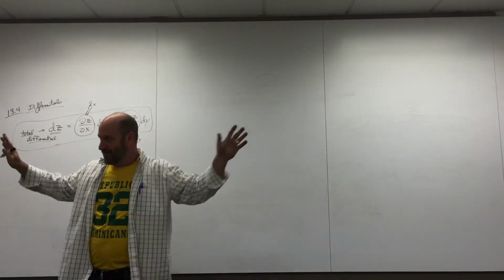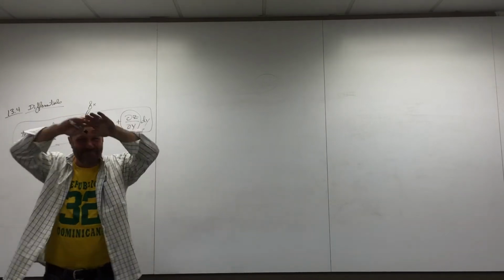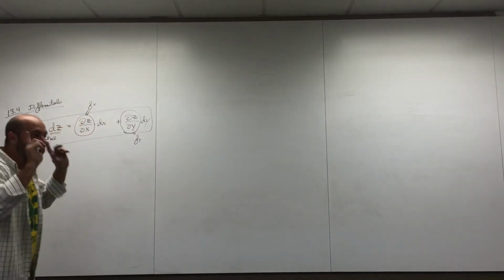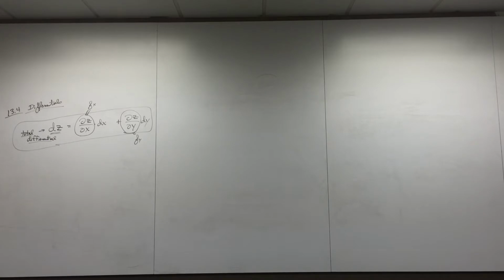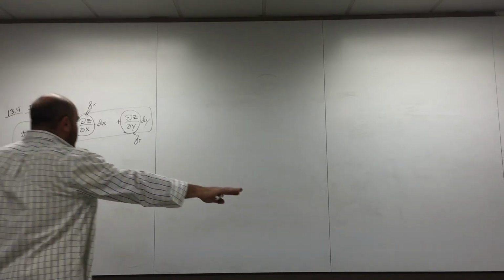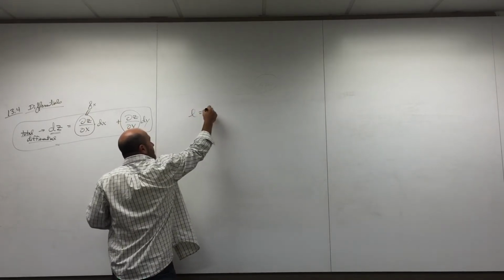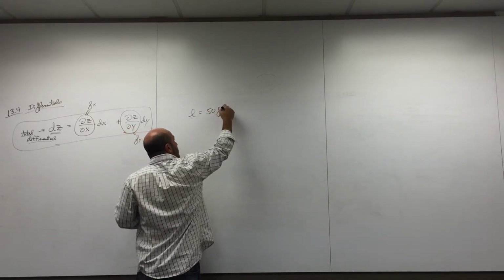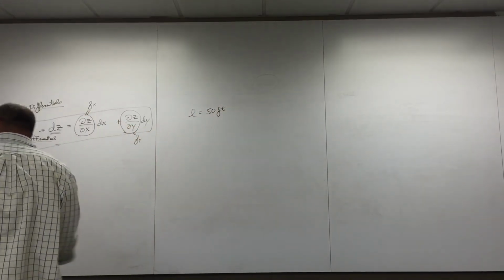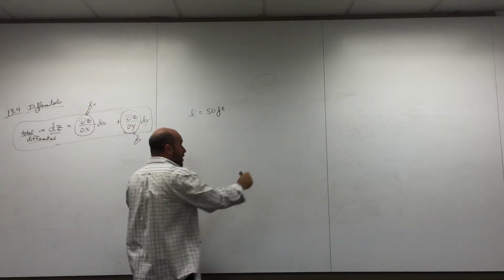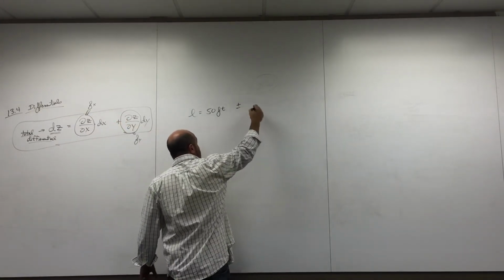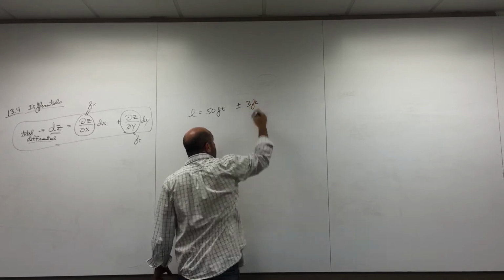Let's pretend it's a rectangular solid, and I want the volume of this room. So here I go. I'm going to measure it. You ready? Eyeballing this thing. I'm going to say the length is 50 feet. And now that was pretty much an eyeball measurement. I think there was some error involved. Do you agree? Yeah. I'm going to say plus or minus 3 feet of error.